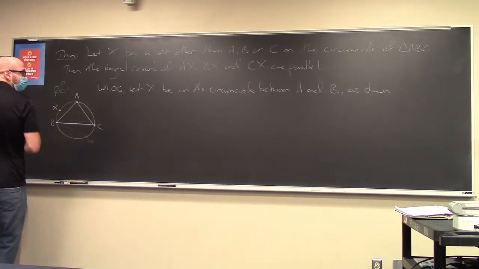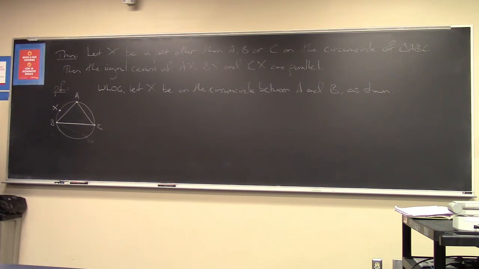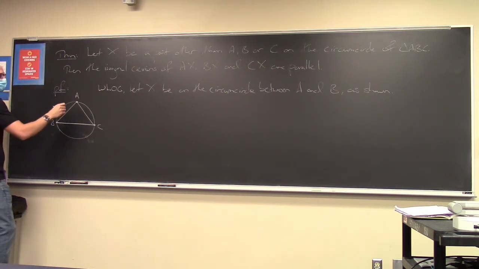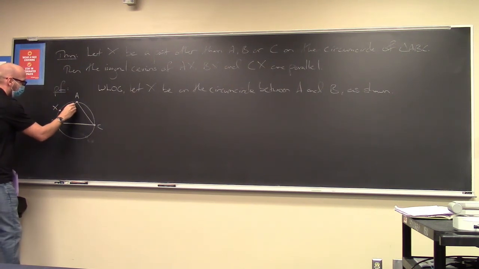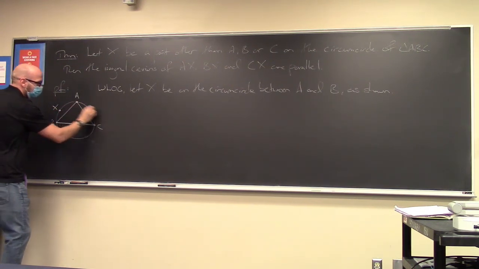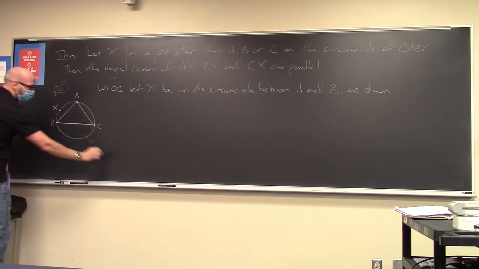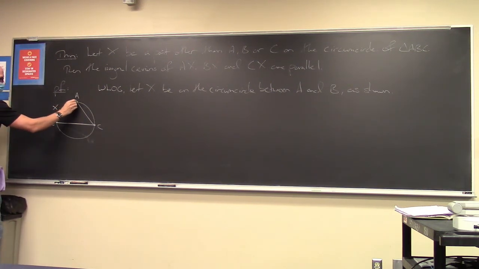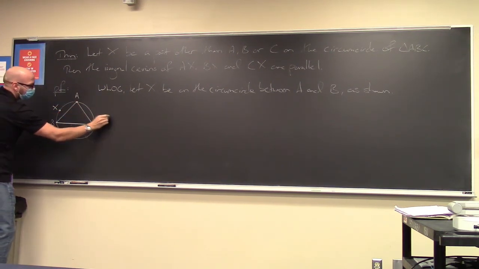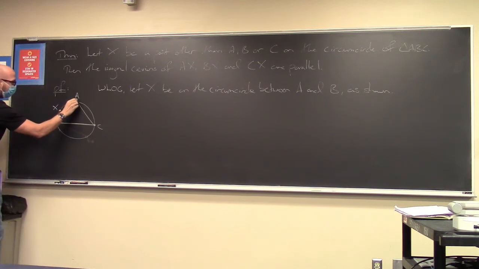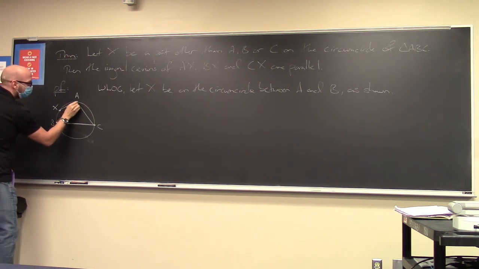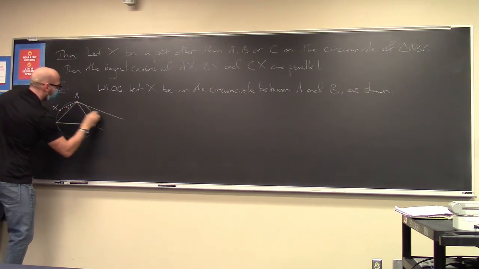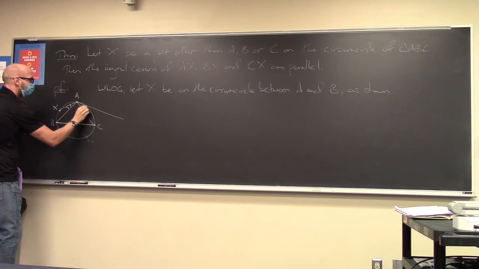All right, so here's what I'm going to do. I'm going to draw on two lines in this picture. Yeah, let's draw on two lines. So I'm going to construct a line coming from A and a line coming from B, where the angle that I construct here is going to be the same as this angle. So how about we call this angle alpha? Then I'm going to construct a line coming out this way that also has angle alpha there.